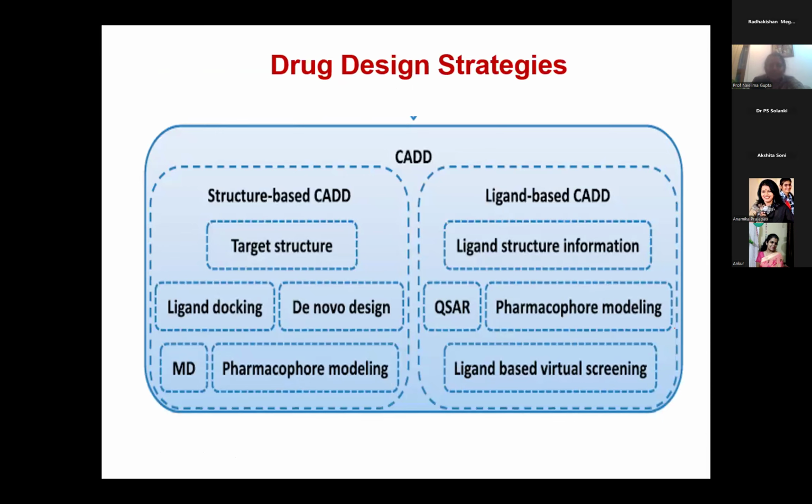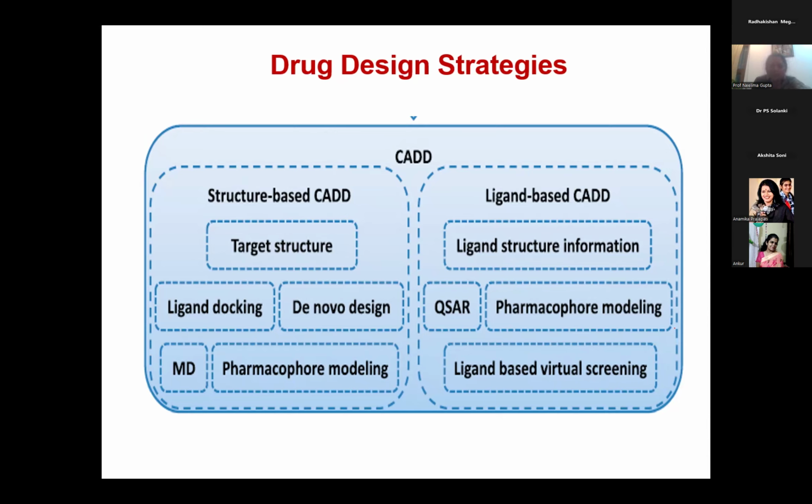So the drug designing strategies may be divided into two basic types: the structure-based and the ligand-based. In structure-based, computer-assisted drug design, you have a target structure, then you look for the interaction with the ligands, you do ligand docking, and then de novo design, then molecular dynamics calculation, pharmacophore modeling.